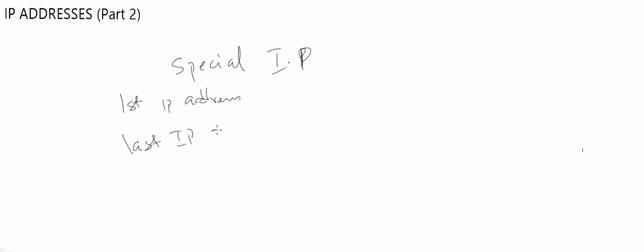I'm going to tell you where the -2 is. The special IP addresses that we don't assign to any host in the network are the very first IP address in the range and the last IP address in the range.